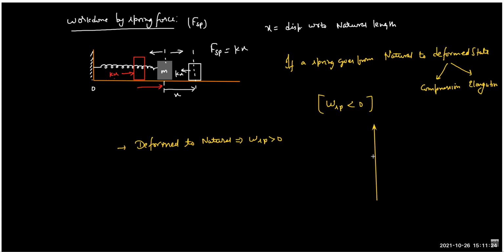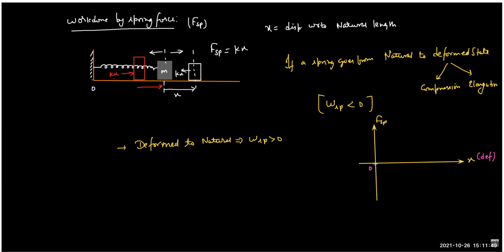Now, the easy way to do the calculation is by graph. If you plot the graph between force versus deformation, so how to represent the opposite force? So x is the deformation basically, and I'm assuming that you're deforming from natural to deformed state.